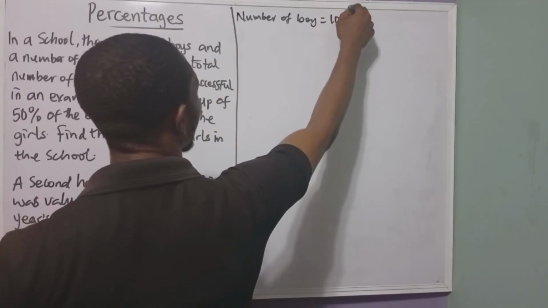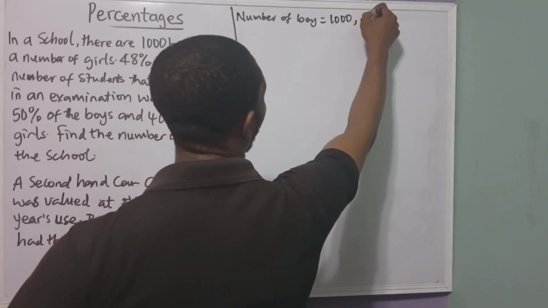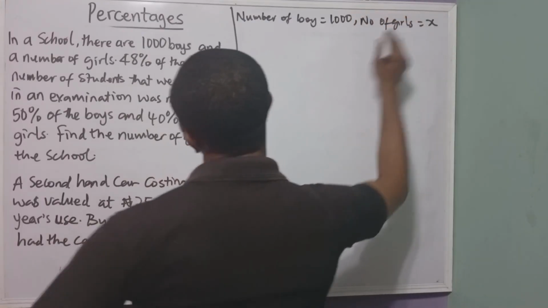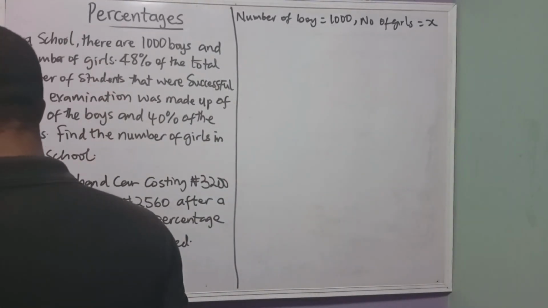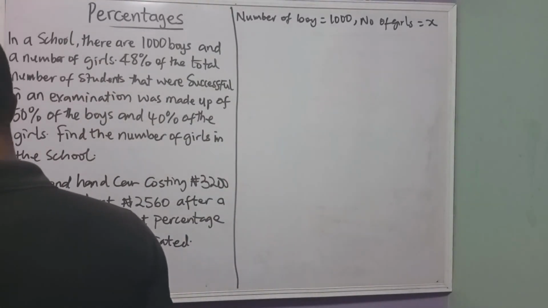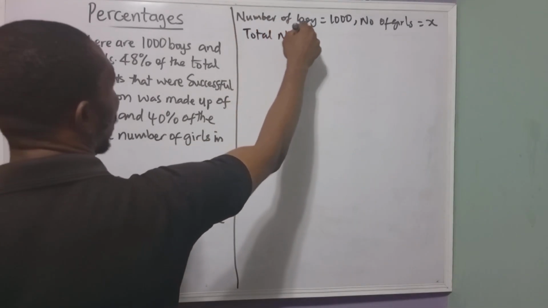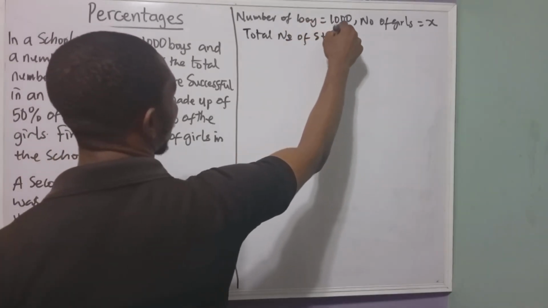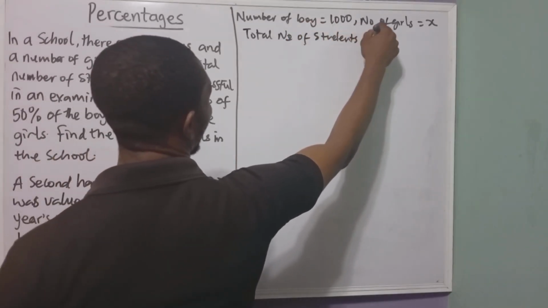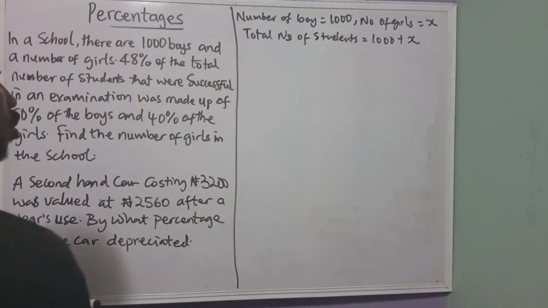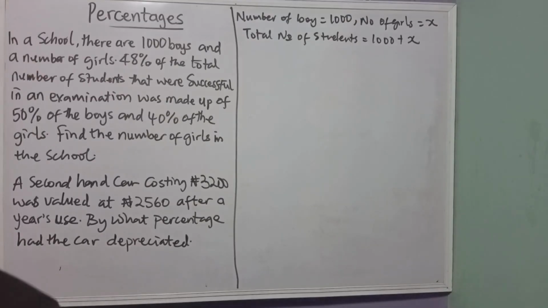We are given that. And the number of girls equals x. Our total number of students would be 1,000 plus x, which is the number of girls.